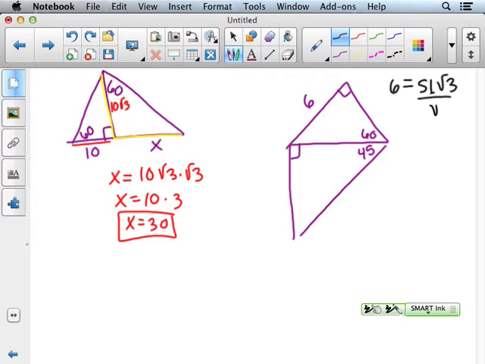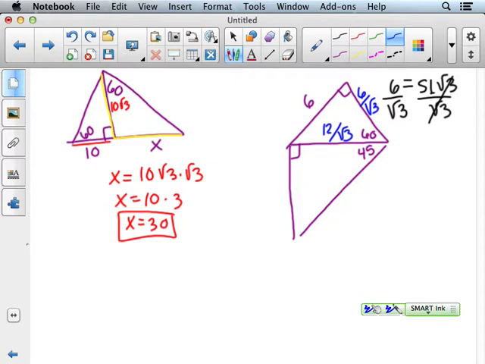So if I divide by square root 3 on both sides, that gives me this length. So this is 6 divided by square root 3. That's my short leg. Now remember that short leg times 2 gives you the hypotenuse, so I'm just going to take that multiplied by 2. And I get 12 over square root 3 for my hypotenuse of this 30, 60, 90 triangle.